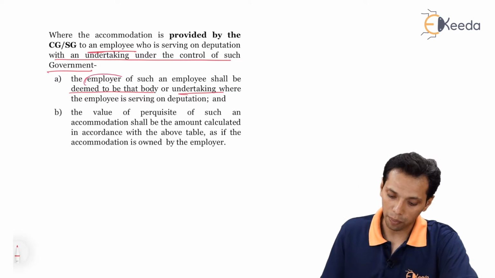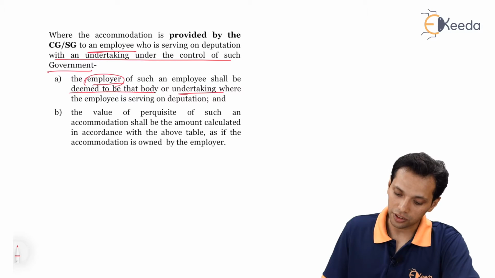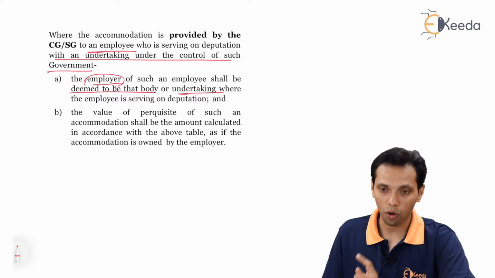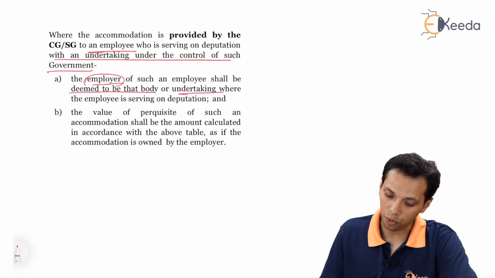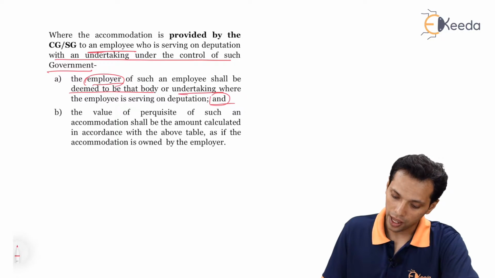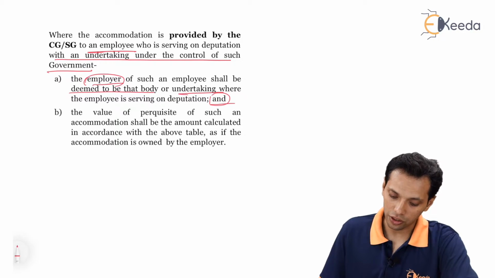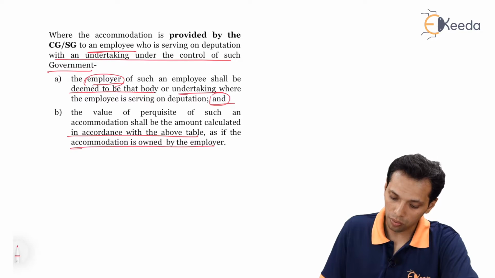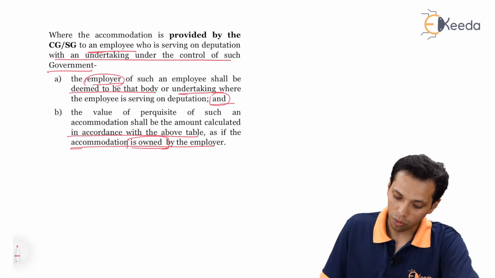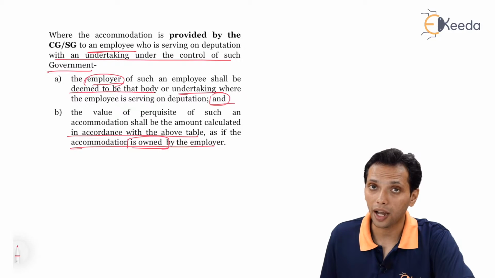In those cases, the employer of such an employee shall be deemed to be that body or undertaking where the employee is serving on deputation, and the value of perquisite of such an accommodation shall be the amount calculated in accordance with the above table as if the accommodation is owned by the employer.